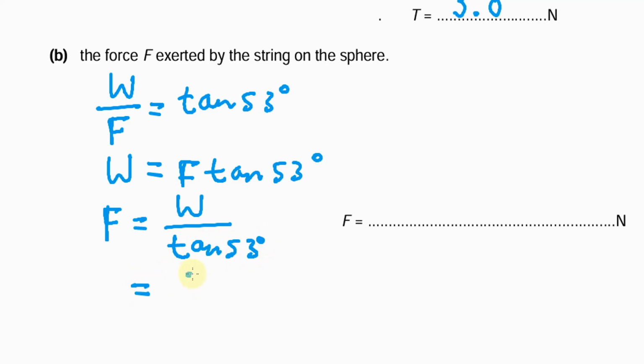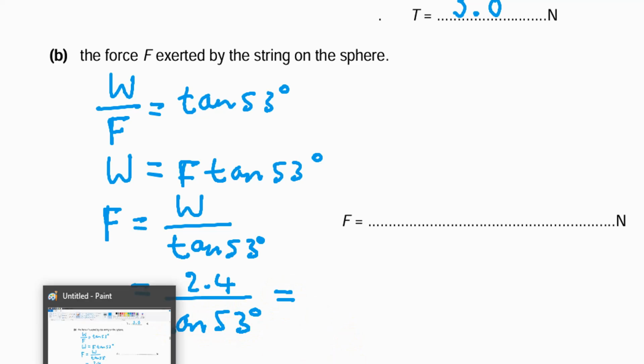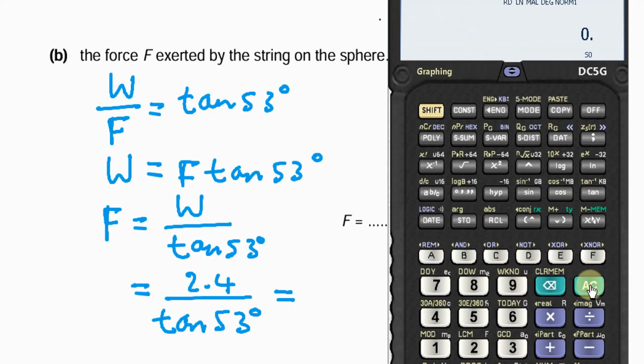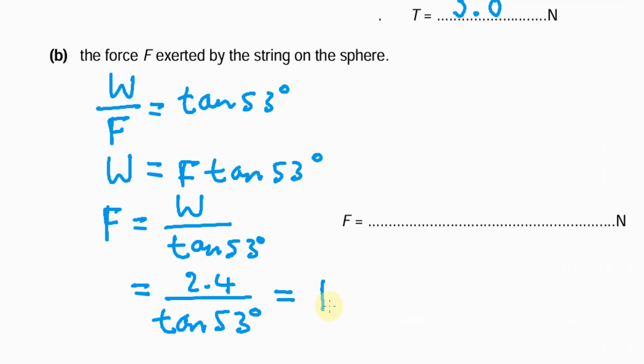And of course, W is 2.4. So 2.4 divided by tan 53. And we get an answer of 1.81. But once again, we use two significant figures in this calculation. So our answer will be with two significant figures, so 1.8 newtons.